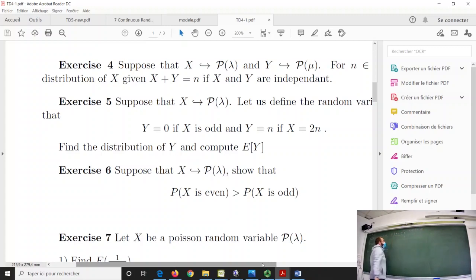Something I can write shortly as a disjoint union from k equal to 0 to plus infinity of what? X takes the value, which parameter can I put, 2k. X is equal to 2k.